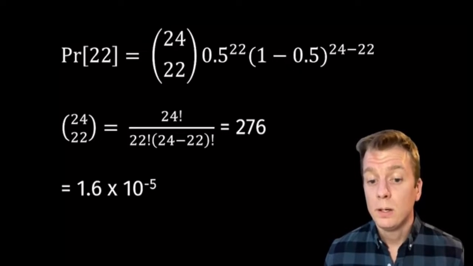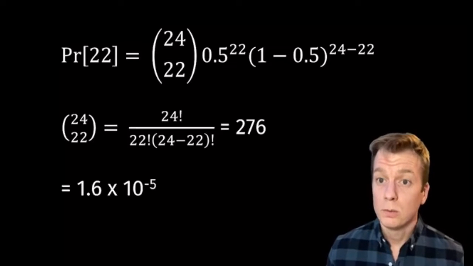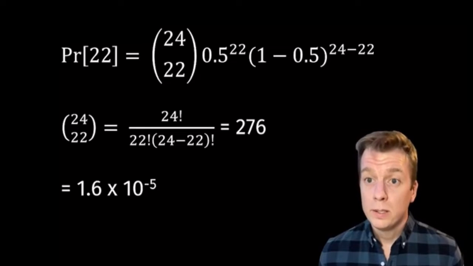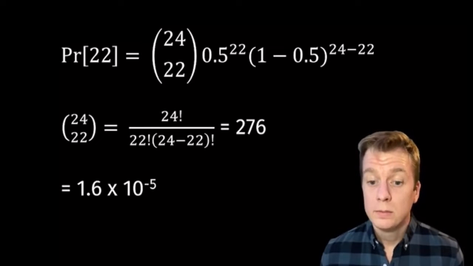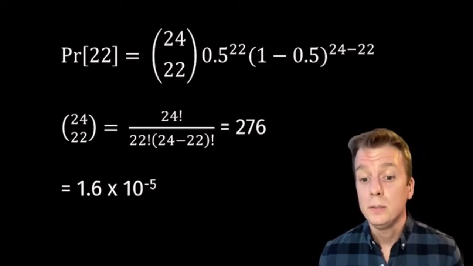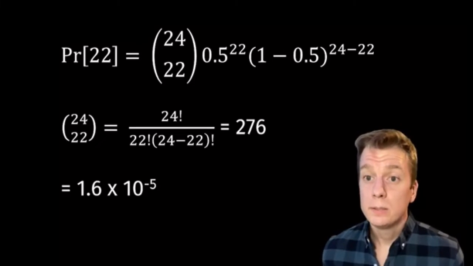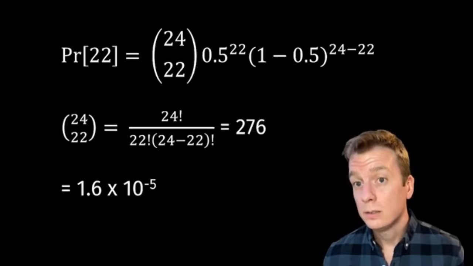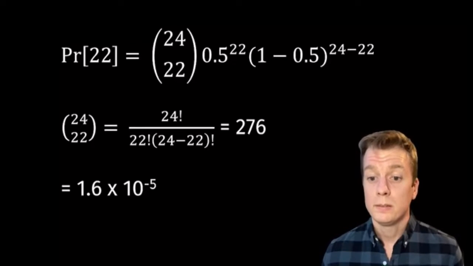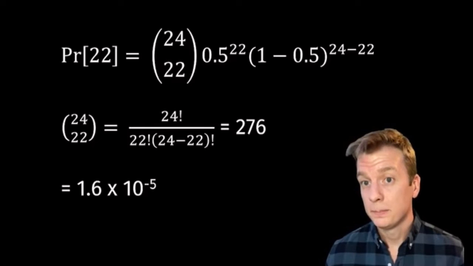We also need to calculate 24 choose 22, and that equals 24 factorial divided by 22 factorial times 24 minus 22 factorial. If we use our calculator, or we use R to calculate this out, we'll get an answer of 1.6 times 10 to the negative 5.